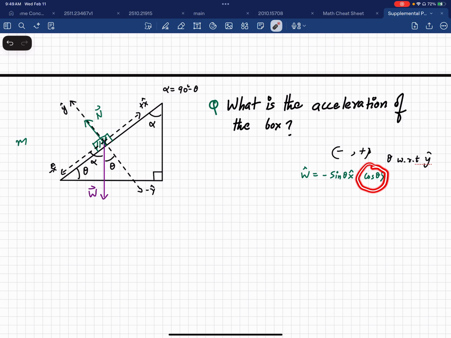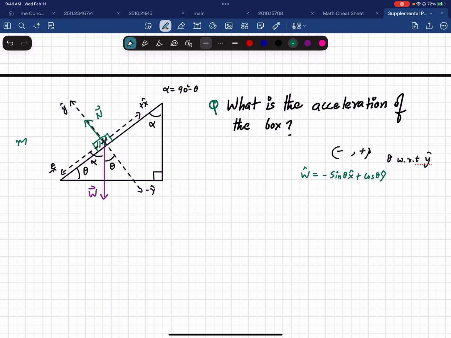Cos theta goes with y because it's actually making an angle with the y direction. Okay, it's not sine theta x and cos theta y, it's flipped. The reason for flipping is because the vector is making the angle with the y direction, not the x. Okay, so this was the only point where you'll be getting a bit confused. So please ask me if you're getting confused in this.